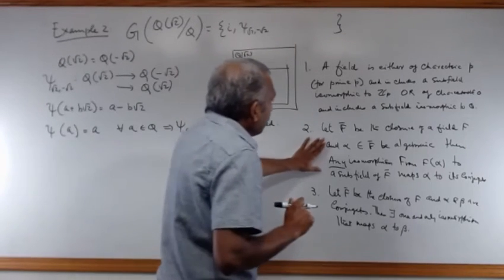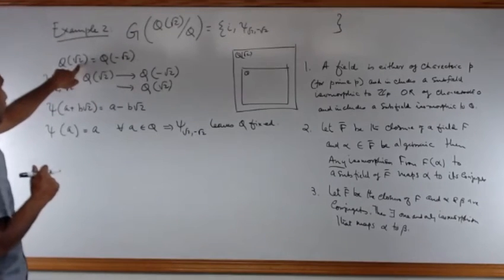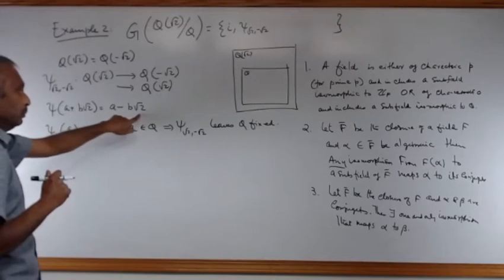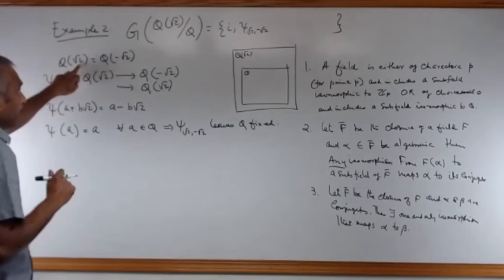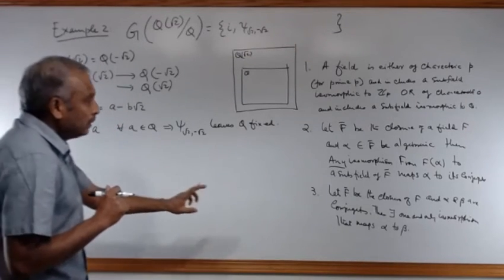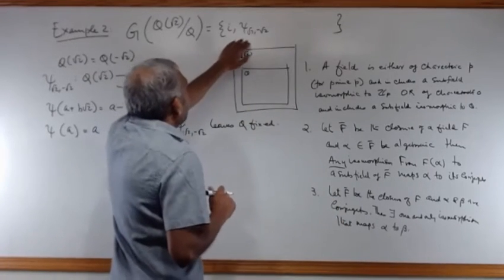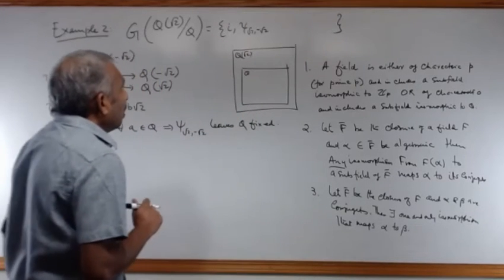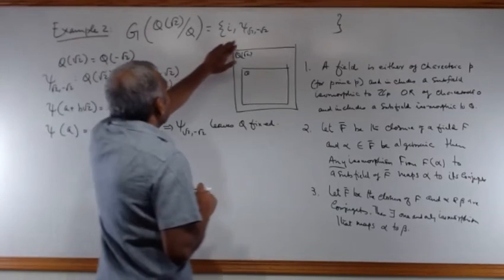So alpha, here it is root 2, has to map to minus root 2. That's what this says. And for alpha and minus root 2, there exists only one isomorphism. So that means it cannot contain any other automorphism.